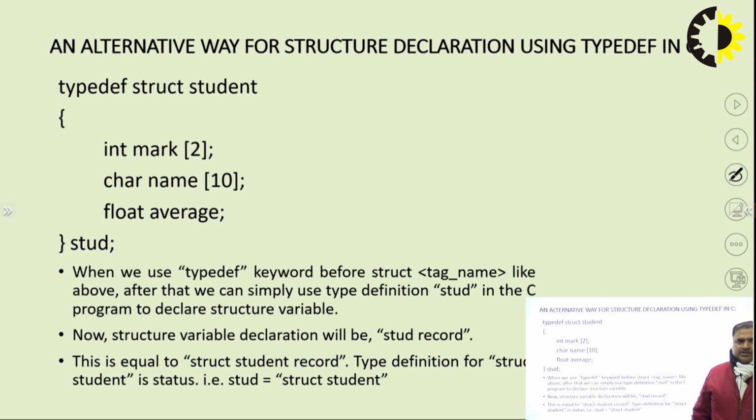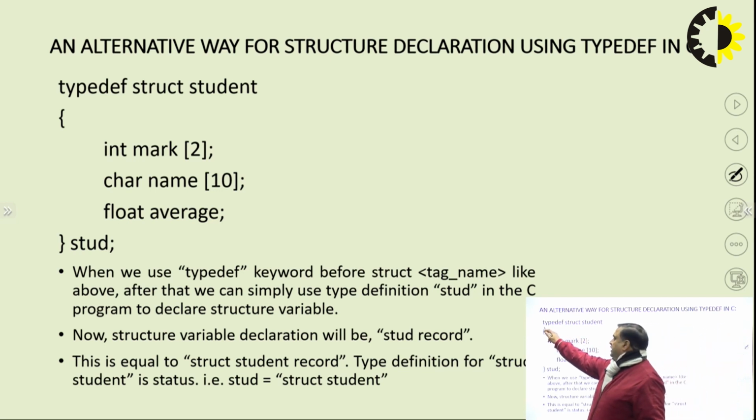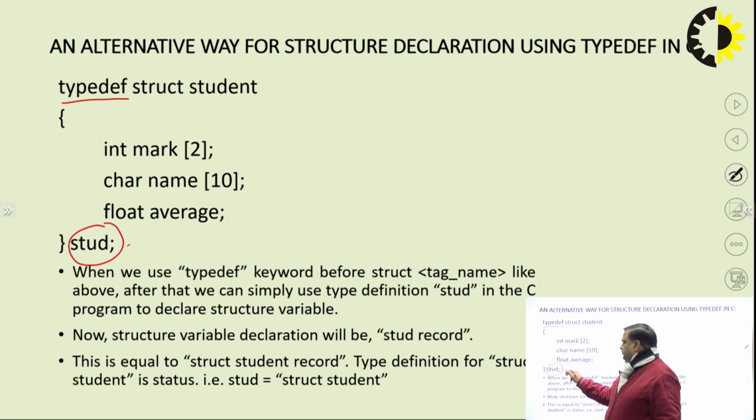Another way for structure declaration is using typedef. Typedef is a facility provided by C to create an alias. So we can declare this as a typedef struct student. Now here, this is not a variable.